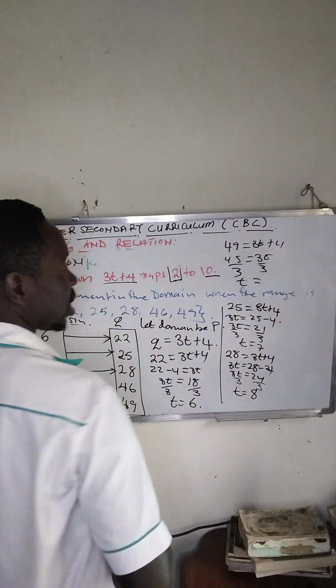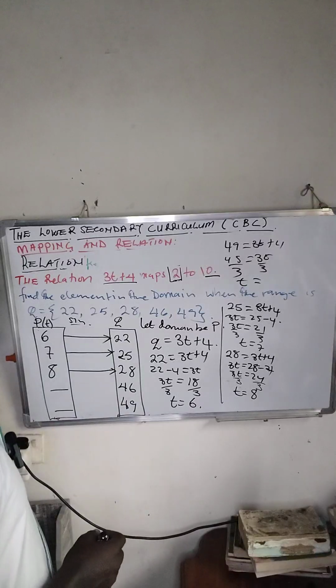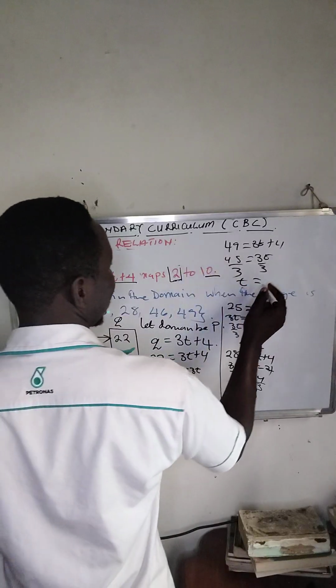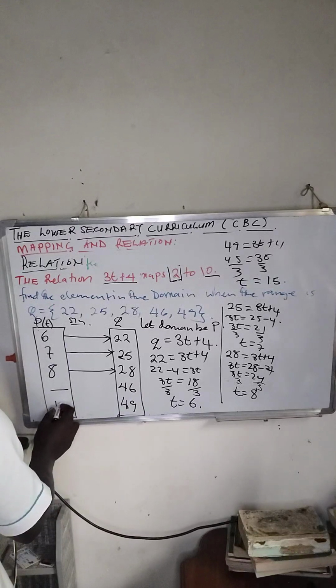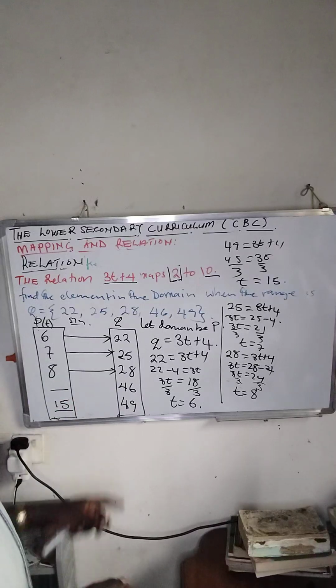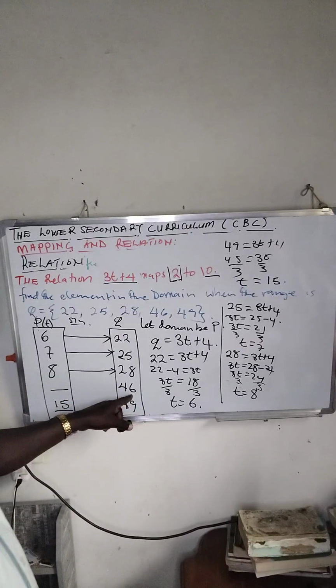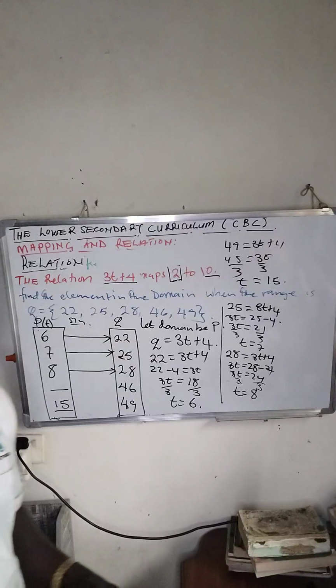Our t will be equal to, when you divide 45 by 3, you are going to get 15. Now this one qualifies to be 15. It is your task to come up with the answer for 46.